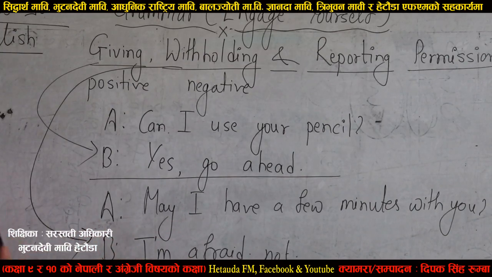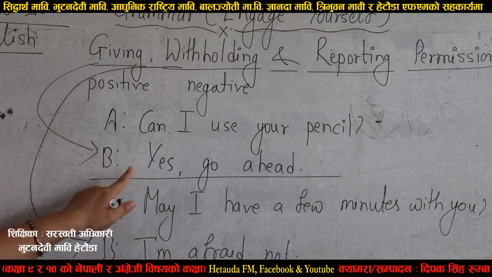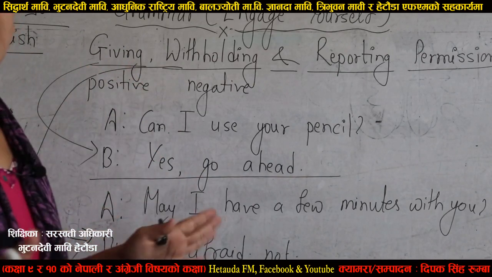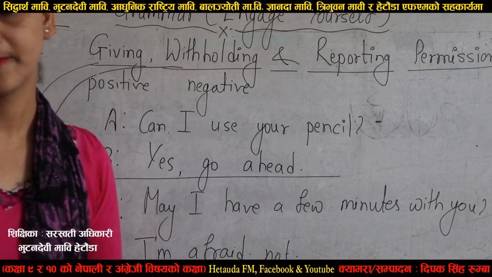This is the example of giving permission and withholding permission. The first example discusses giving permission. Yes, go ahead, it is giving permission. I am afraid not, you cannot do it, I am so sorry, extremely sorry. This is an example of withholding permission.